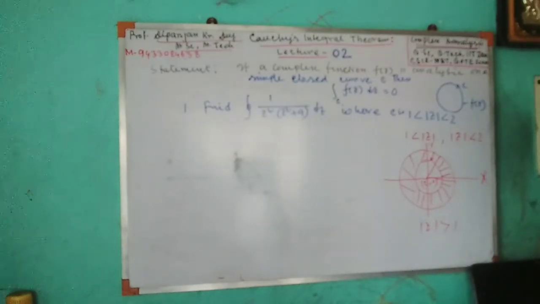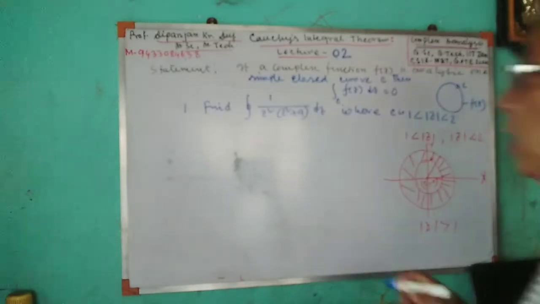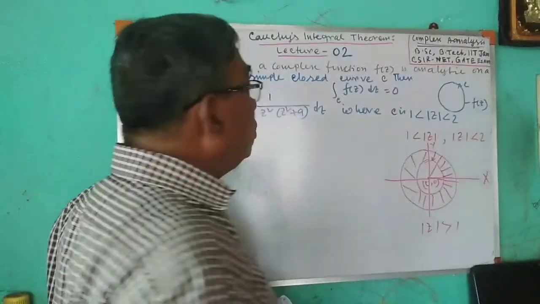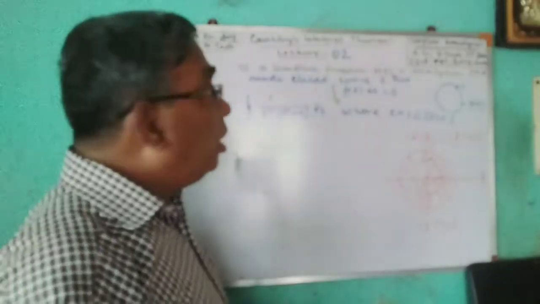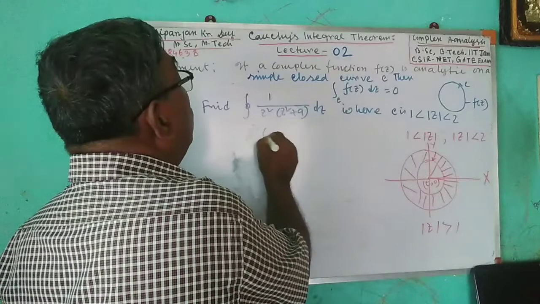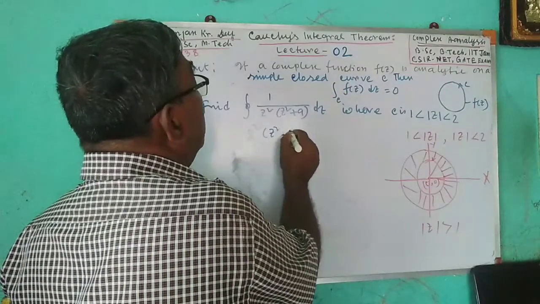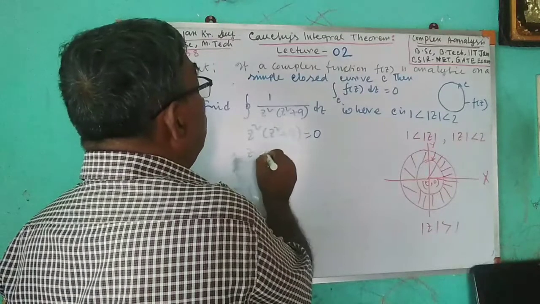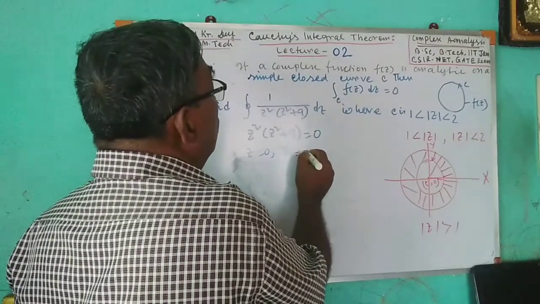Now to get the singular points, what is f(z)? f(z) equal to this whole thing. f(z) is not defined when z square into z square plus 9 is equal to 0, that is z equal to 0 and z equal to plus minus 3i.